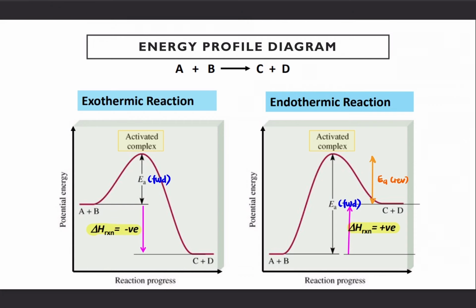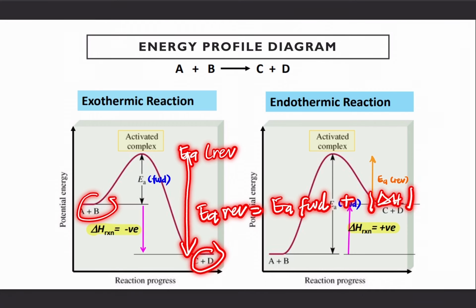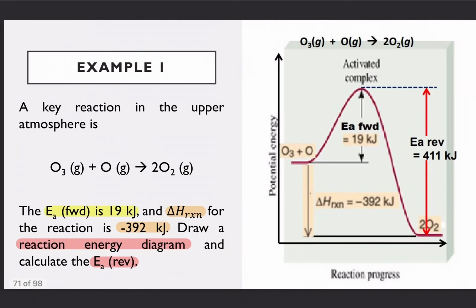Alright? Kalau macam ni, for exothermic reaction ni, awak punya reverse EA will be from here to here kan. So maksudnya awak punya reverse EA this stretch. So your reverse EA will be equal to EA forward plus modulus delta H. Betul tak? Okay. Alright, so it's basically the scale for reading your energy profile diagram lah.